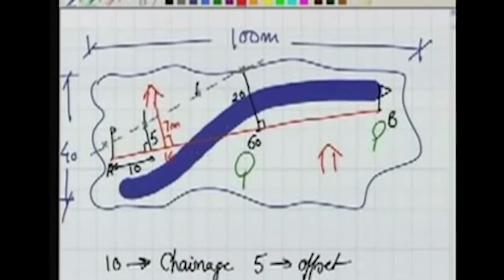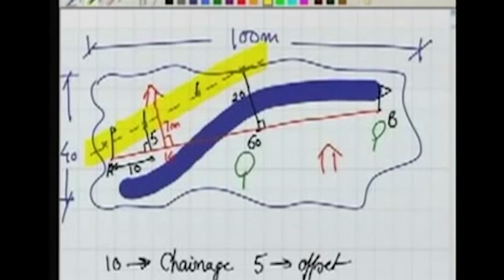Similarly, you can do it for the road. As you can see, in the case of the road, how many offsets do you need to take? In case of the straight telephone line, for example here, starting from here, if I highlight it, that's my telephone line, which is straight.